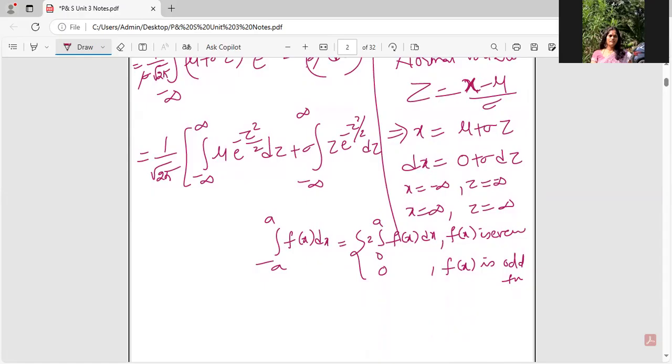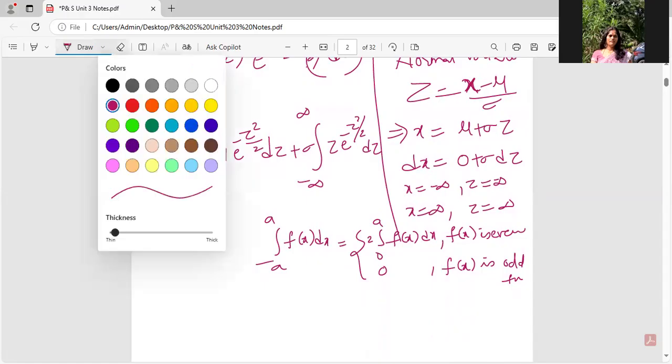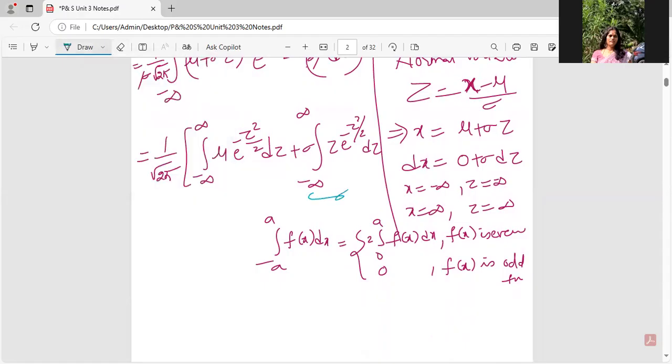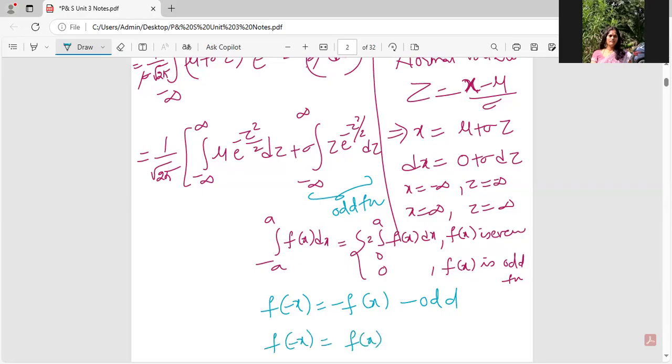So using that, I can clearly say the second integrand would be an odd function. Why? What's the definition of an odd function? F of minus x should give me minus f of x, then it would be odd. If f of minus x gives me f of x, then it is an even function.